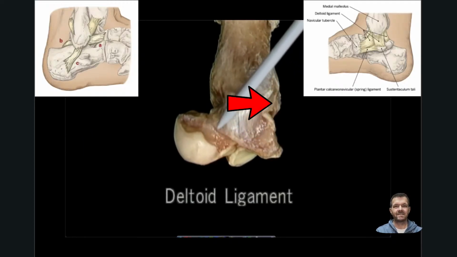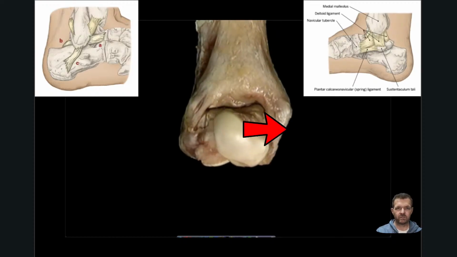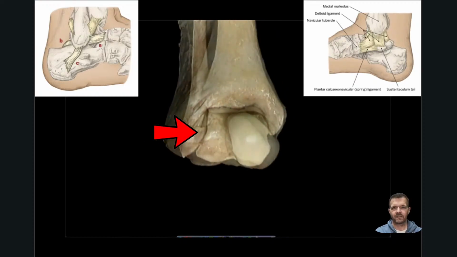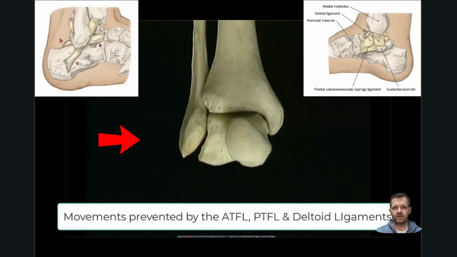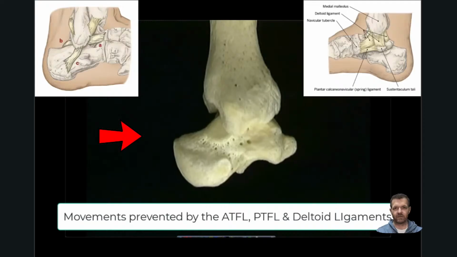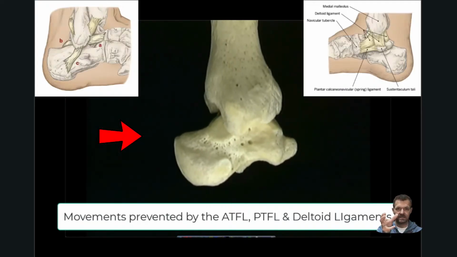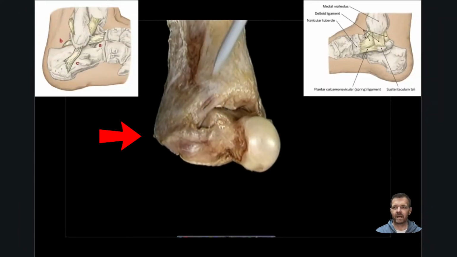But yeah, the inside ankle bone, so the medial part of the ankle, there's a whole bunch of ligaments just there. So these are the movements prevented by the ATFL, PTFL, and the deltoid ligaments. So the sliding forward and back of the talus and the tilting of the talus as well.